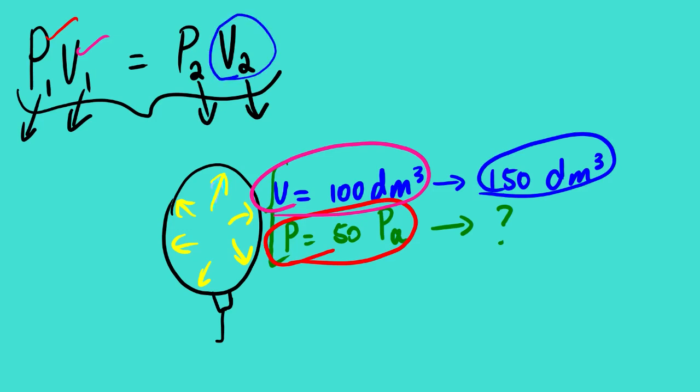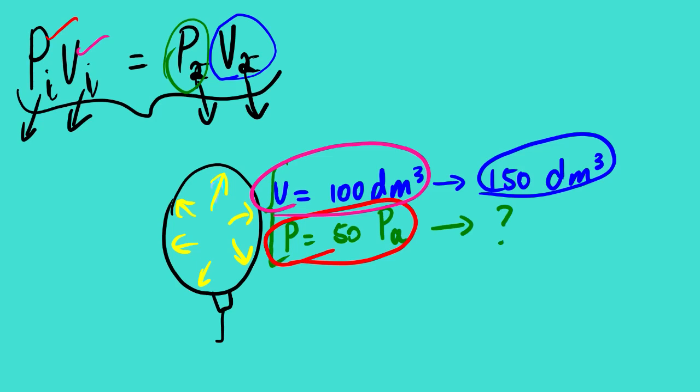We can say P1 V1 are the initial pressure and initial volume, and then we have final pressure and final volume. We can use this equation to calculate the value of the final pressure. Basically, this is how we use Boyle's law.